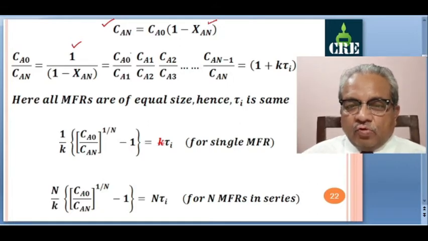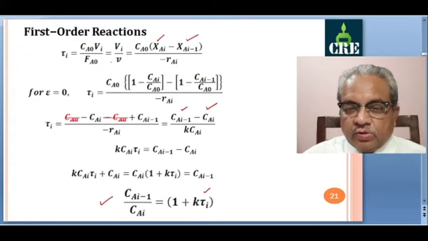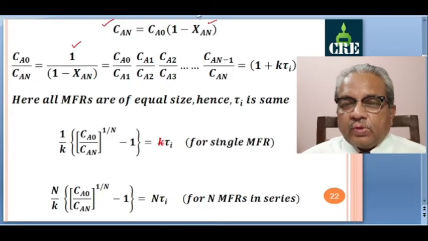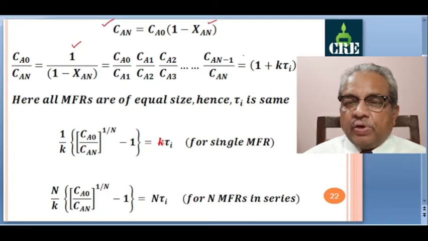And for each ratio, Ca(i minus 1) by Cai is 1 plus k tau i. So these are n reactors, 1, 2, 3, 4 and n times. So 1 plus k tau i into 1 plus k tau i into 1 plus k tau i, n times, so that becomes it raised to n.